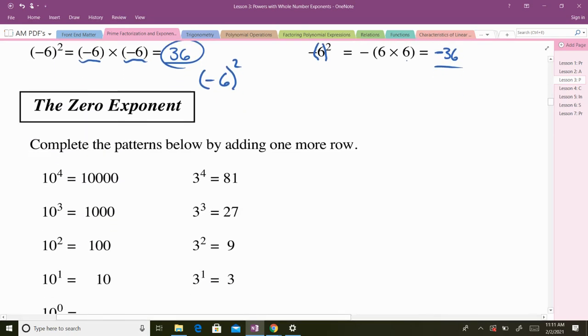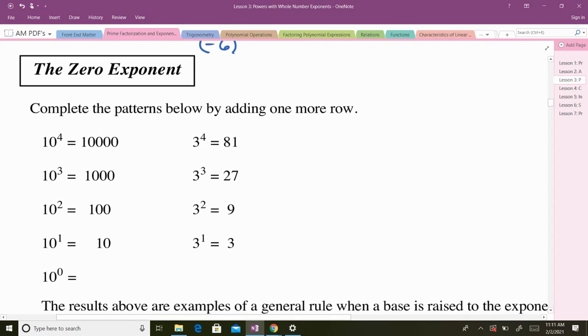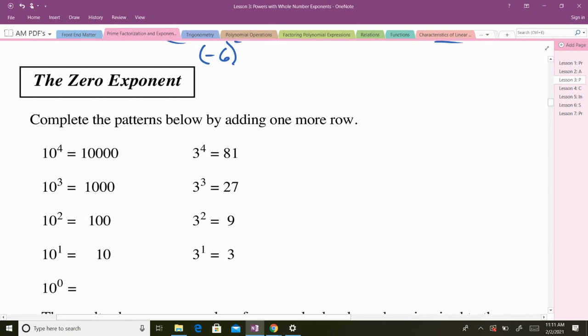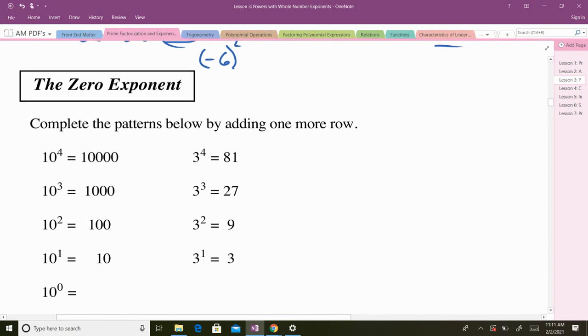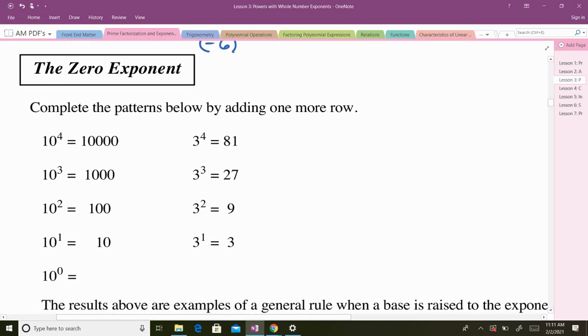All right. Does anybody know what an exponent of 0 equals? Yes. It always equals 1. And if you look at this, 10 to the 4 is 10,000. 10 to the 3 is 1,000. 10 squared is 100.